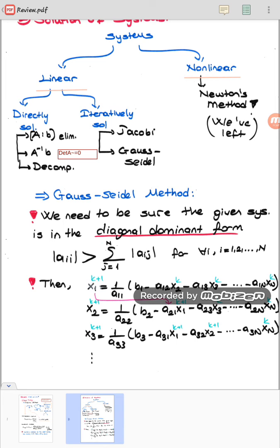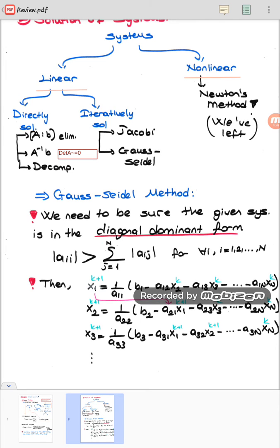So for this reason, guys, sometimes it is better if you can find iterative solutions. For iterative solutions in numerical methods, we have the Jacobi method and also the Gauss-Seidel method.